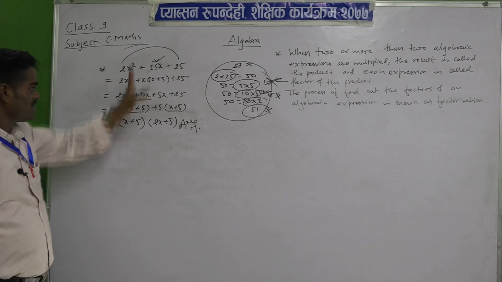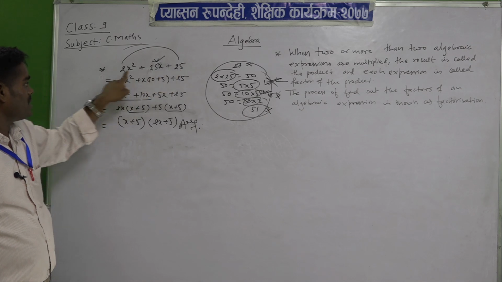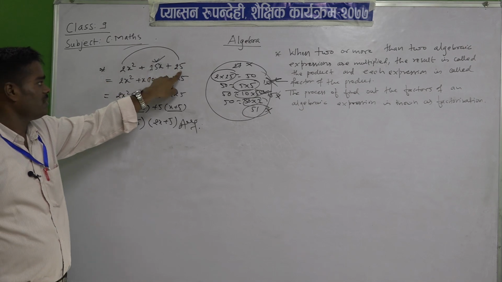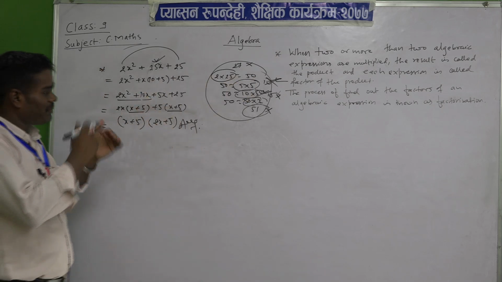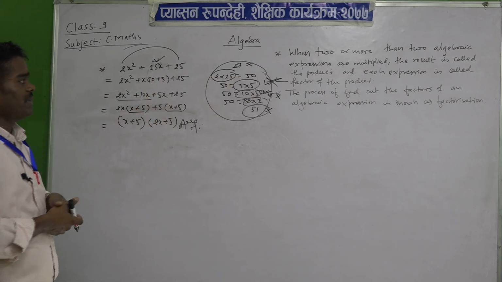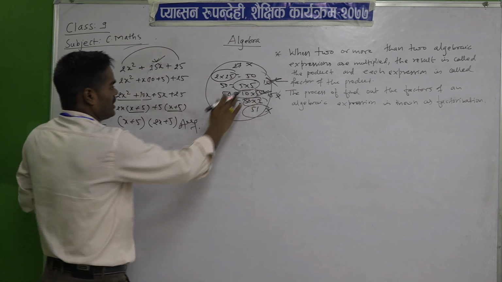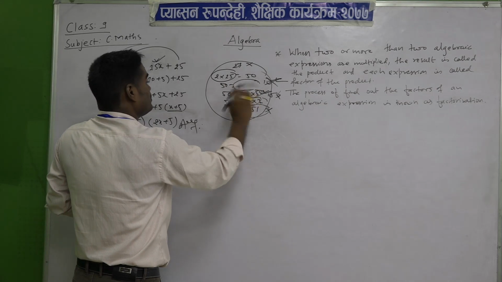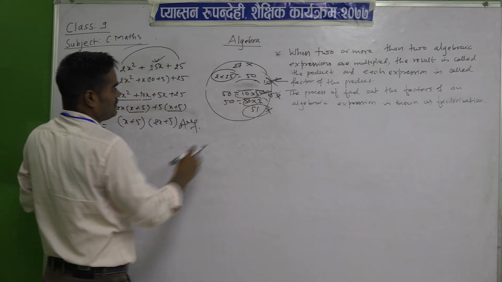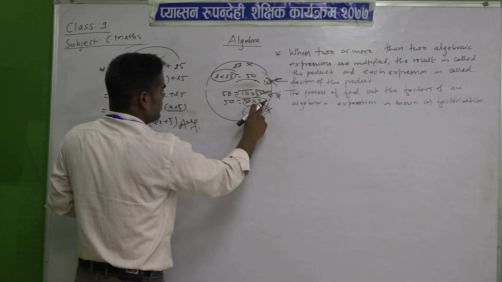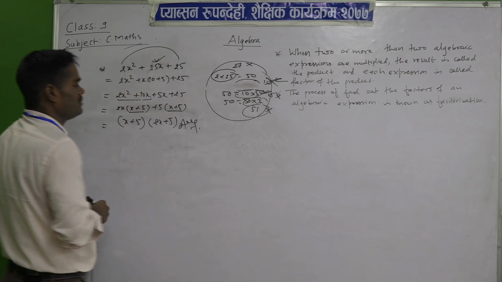Likewise, you have to factorize. See once again, the coefficient of the first term is what? 2, and the last term is what? 25. So, 2 into 25 means what? 50, and then after find the possible factors of 50 in two parts, that is 10 into 5 is 50, 50 into 1 is 50, and 2 into 25 is 50.